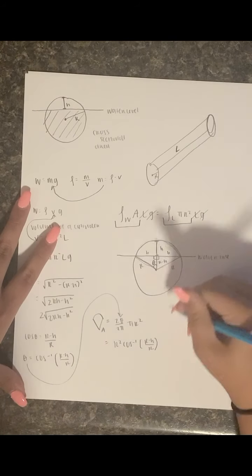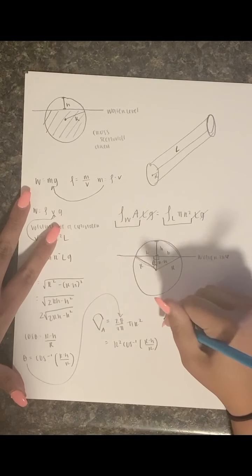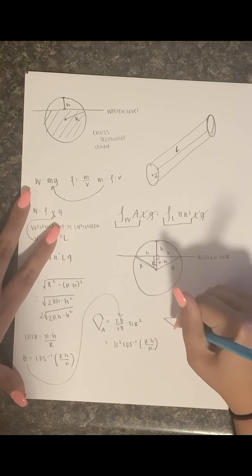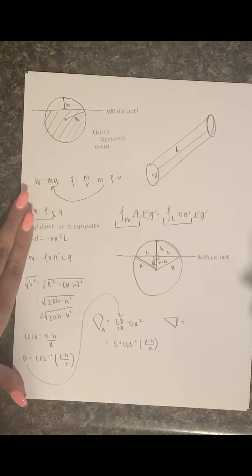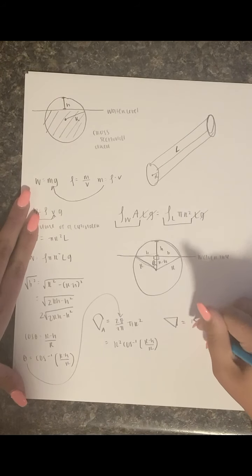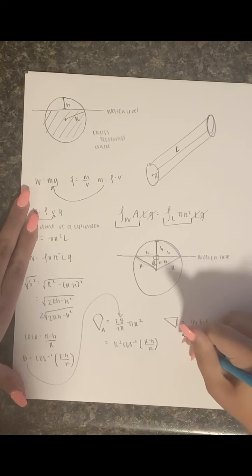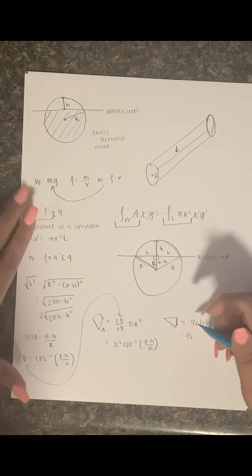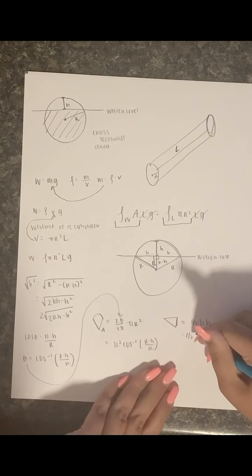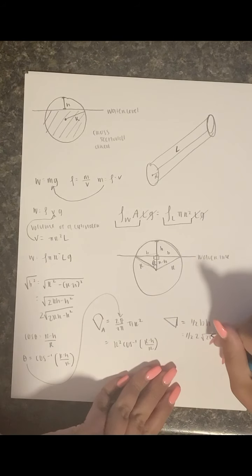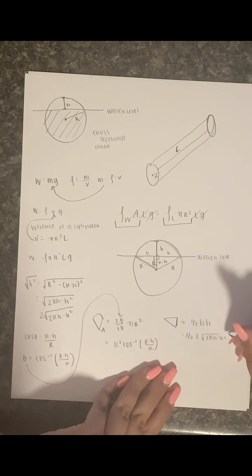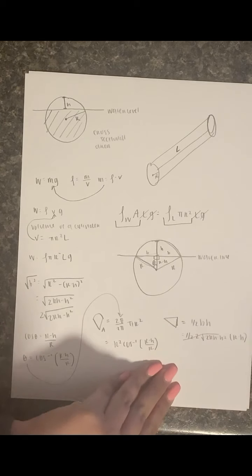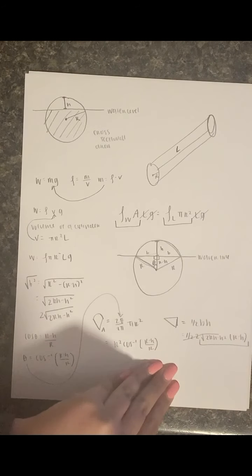And for the area of the triangles, you know that the area of a triangle is 1/2 base times height, but in this case we have 1/2, and then the base that we solved for over here is 2 times the square root of 2rh minus h squared, and the height is r minus h, but this 1/2 and the 2 are going to cancel, just so it leaves you with that.